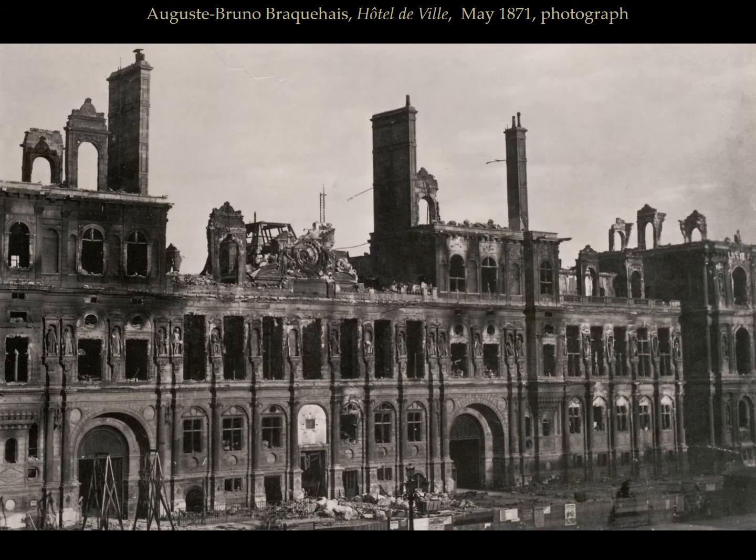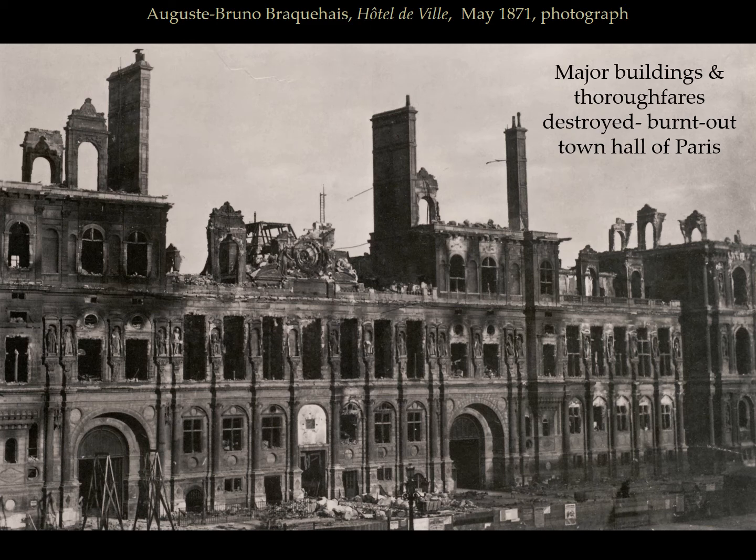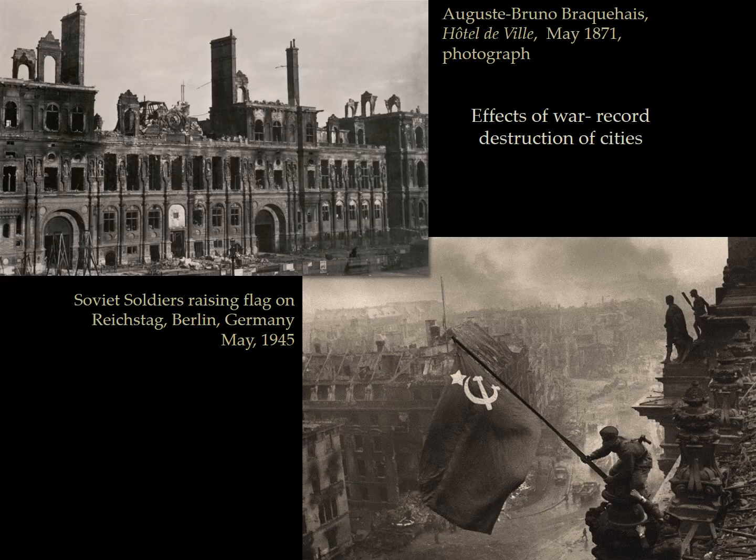We also have a record of what happens to Paris itself and its infrastructure and buildings. Auguste Bruno Braquet is going to take a photograph, for instance, of the Hôtel de Ville in 1871. These major buildings and thoroughfares were completely burned out and destroyed, this being the Town Hall of Paris that we looked at earlier in paintings on the great battles that we talked about in France.